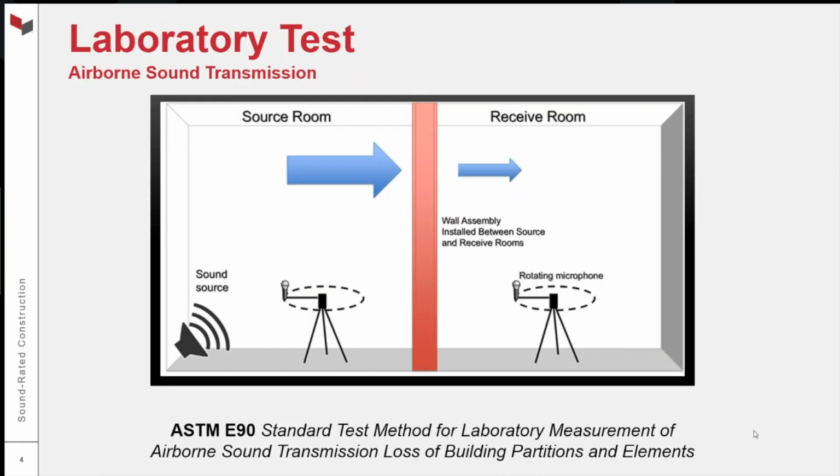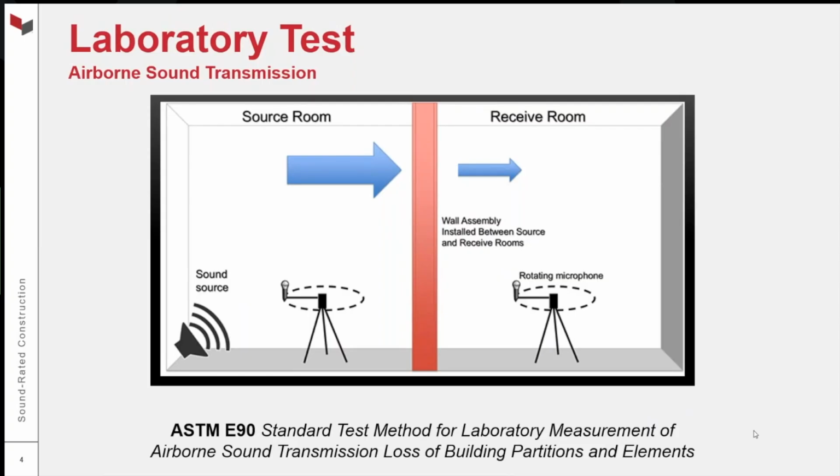So when you turn that sound source on and you measure the sound level in the source room and in the receive room, you're going to have a difference, right? And the difference between the source room sound pressure level and the receive room sound pressure level gives you what we call the sound transmission loss of the wall in question.